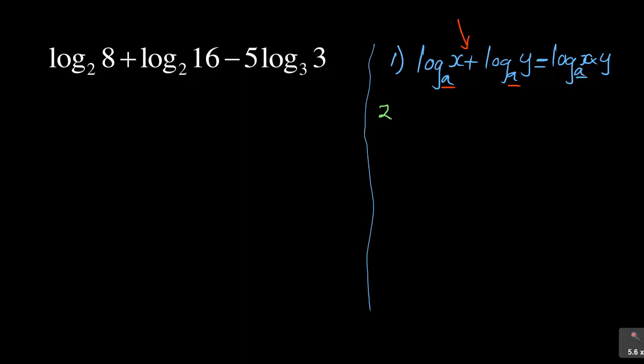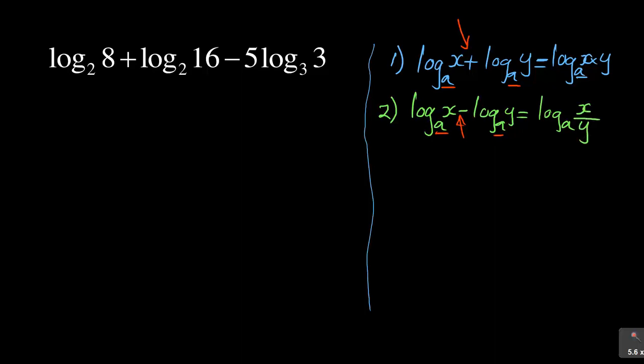Law number 2 says if these are subtracting, log in base a of x minus log in base a of y, now if I'm having the same base and a negative sign, it means I will be writing it as log in base a of x divided by y.